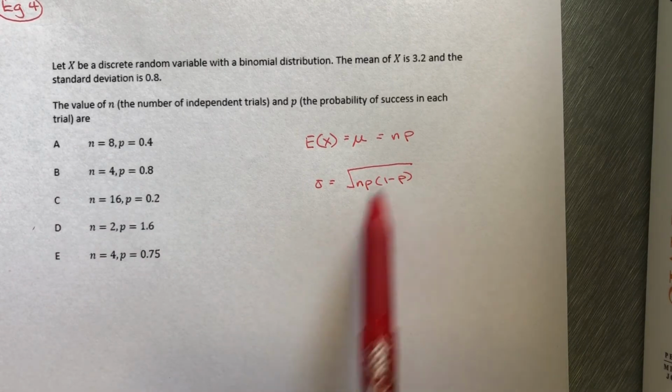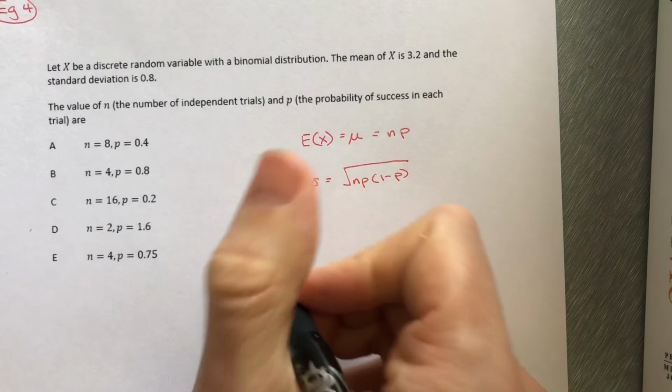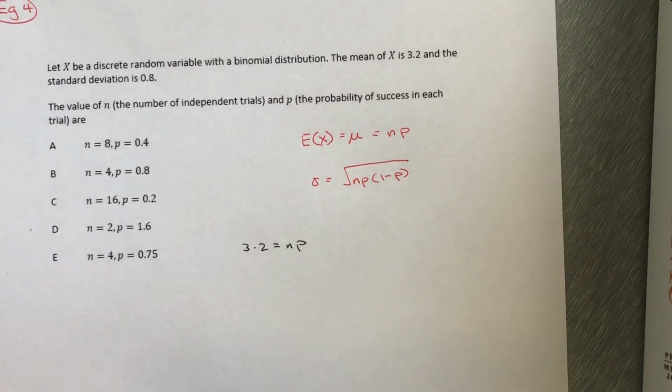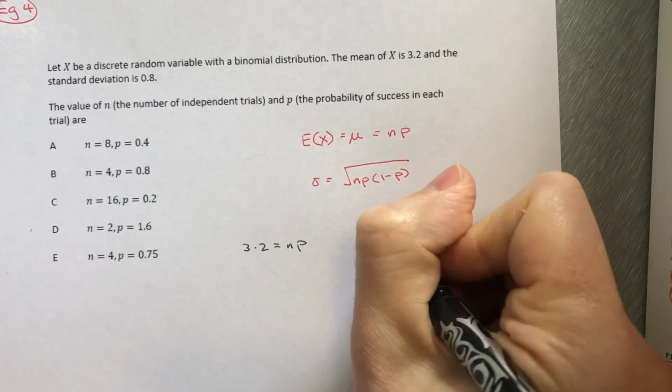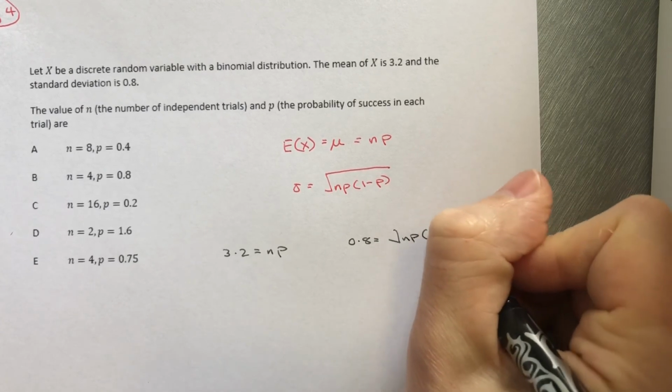We've got a couple of rules here that have n and p in them. I'm going to plug them in. We've been told that the mean's 3.2, so that means we've got 3.2 equals np. And we've been told that the standard deviation is 0.8. So we've also got 0.8 equals this.